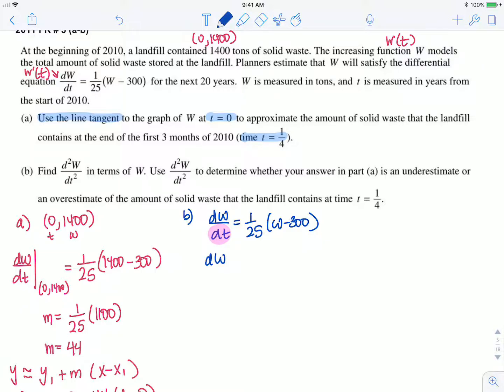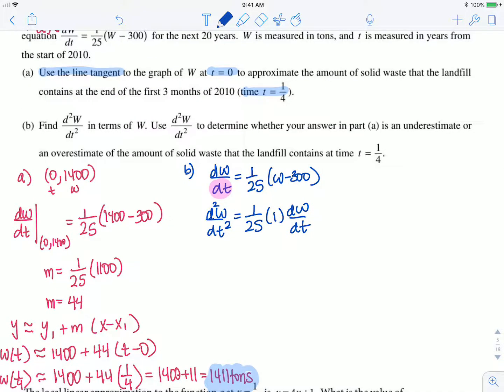So d squared w dt squared is 1 over 25 multiplied by dw dt. So d squared w dt squared is equal to 1 over 25 multiplied by the first derivative again.